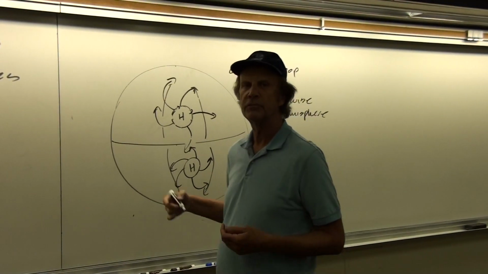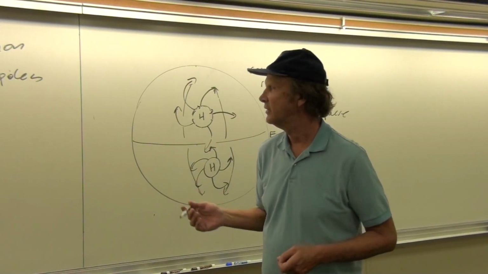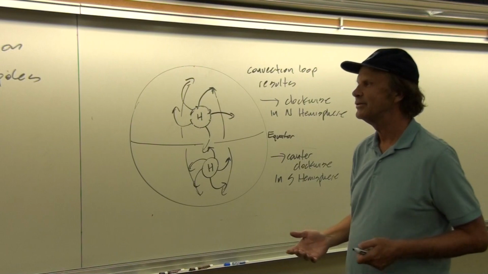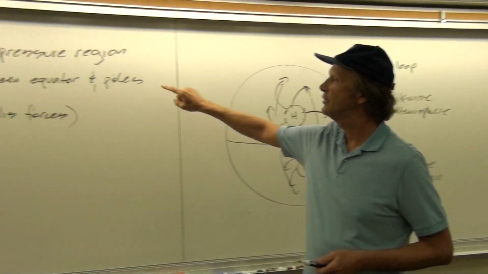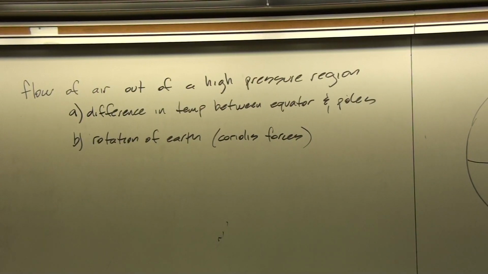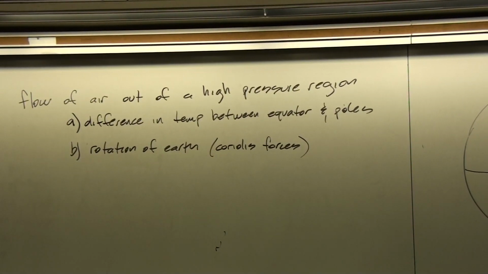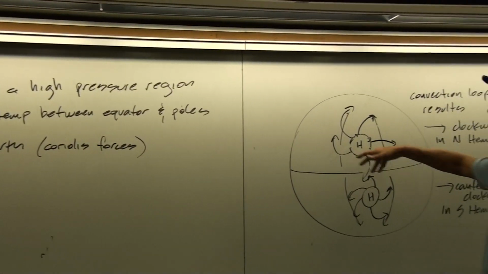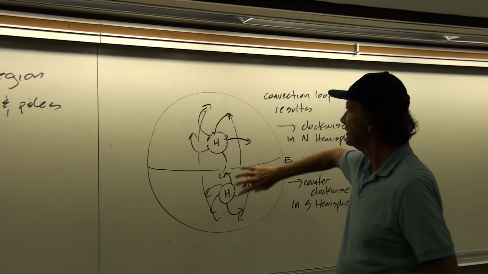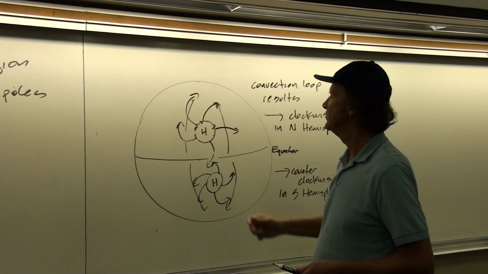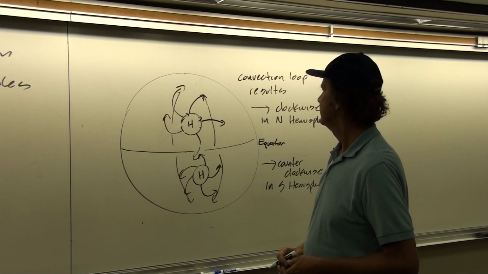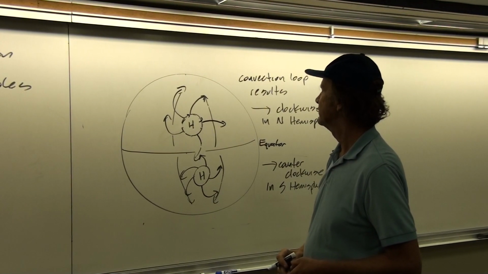So if you were trying to model these convection loops, you would have a number of different mathematical equations which would be working together, which would include things like temperature variations, the rotation of the Earth, and also differences in density of the air. So all of those things together will give rise to a more coherent mathematical description of these kinds of circulation patterns.